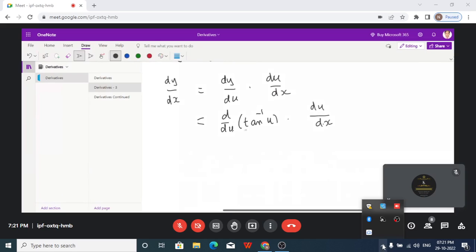The derivative of tan inverse u with respect to u, what will it be? 1 by 1 plus x square, sir. Here we are using the letter u. Here d by du of tan inverse u is 1 by 1 plus u square, into d by dx of u.